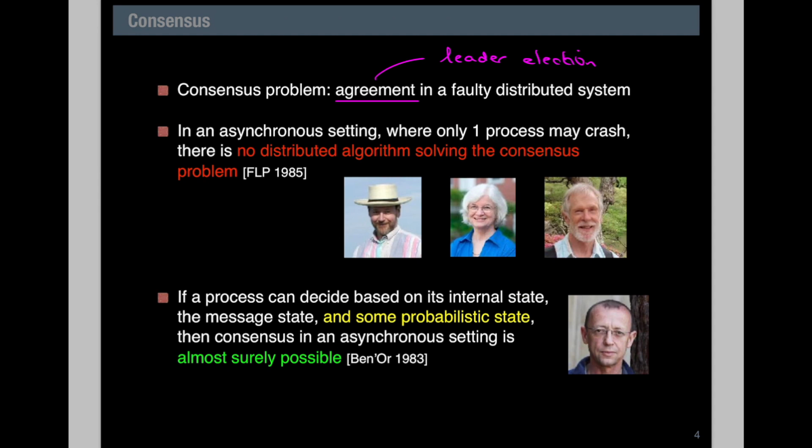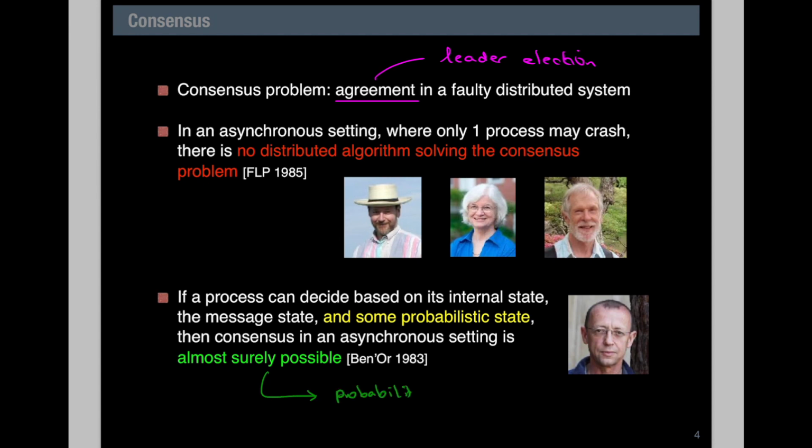And there are several randomized consensus algorithms, but one of the first was by Ben-Or in the early 80s. And he says, well, if a process can not only decide on its internal state and the messages that it can receive, but also has access to some randomization, like flipping a coin, then consensus in an asynchronous setting, so the setting of the impossibility result, can be almost surely achieved, and almost surely means that this happens with probability 1.